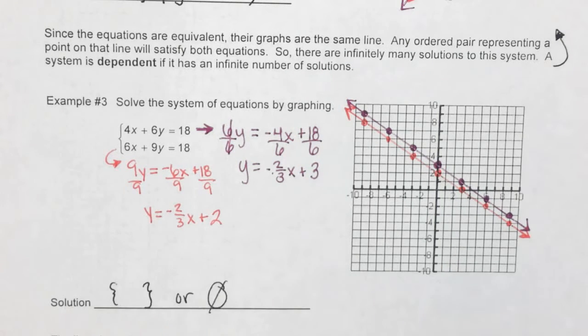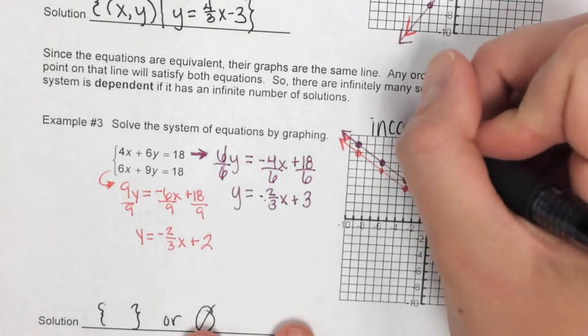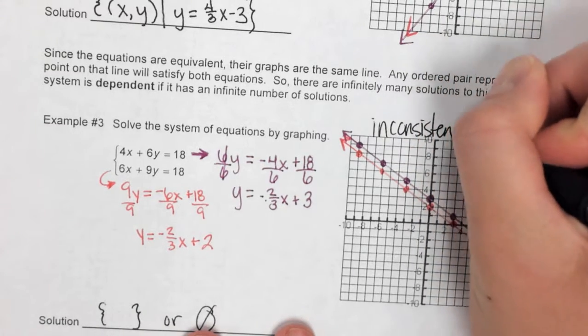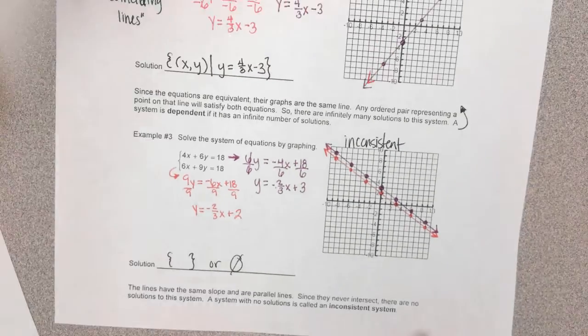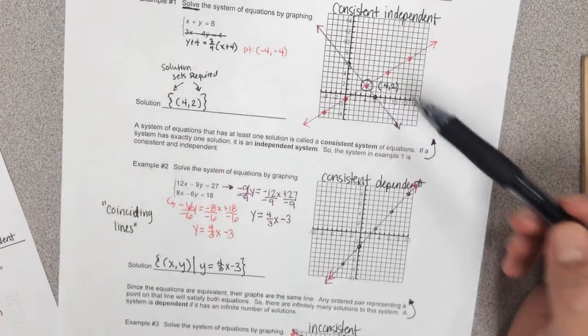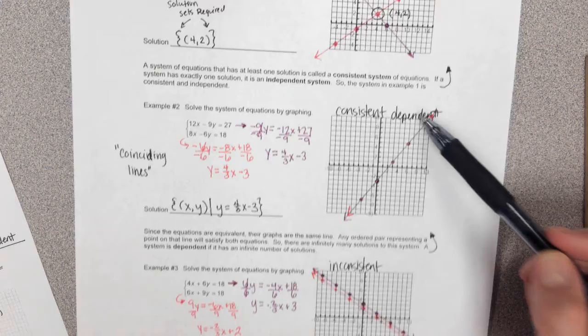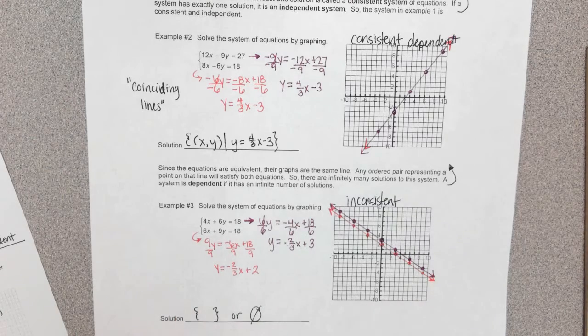So logically, what word means the opposite of consistent? Inconsistent. And that's what this is. Okay? So every single system that we have will fall into one of these 3 categories: consistent independent, consistent dependent, inconsistent.